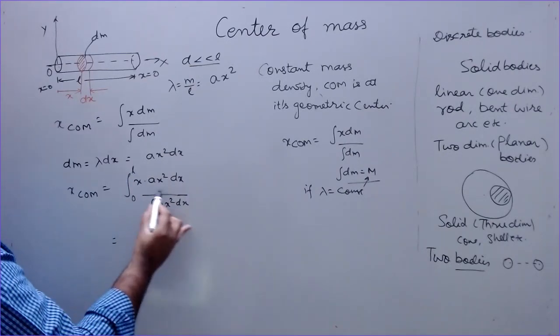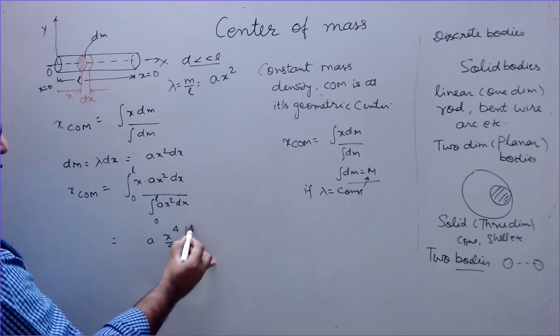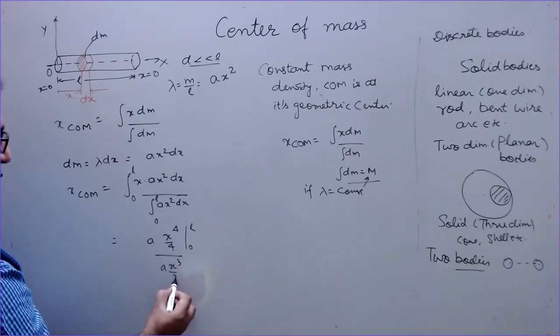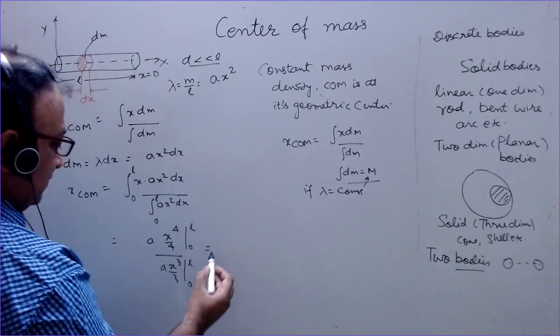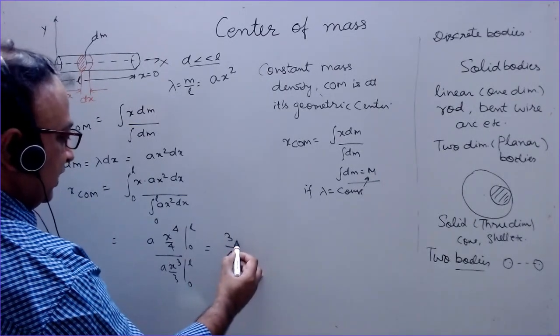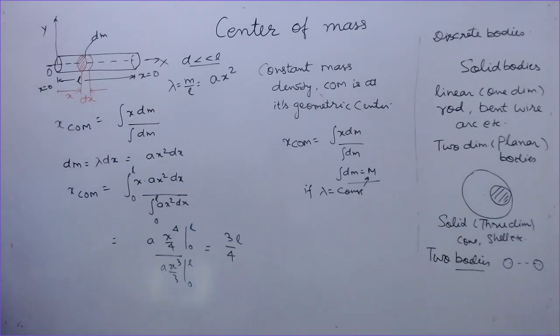So a x cube, x4 by 4 from 0 to l, divided by a x3 by 3. This is 3 by 4 L. It means the center of mass is located at this point.